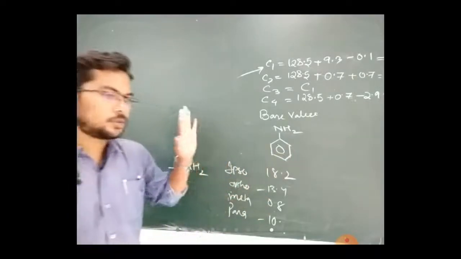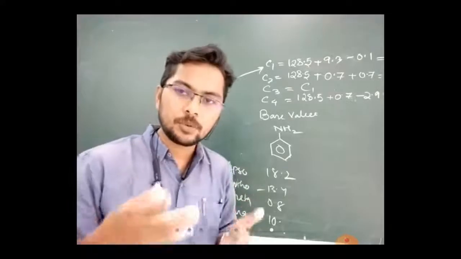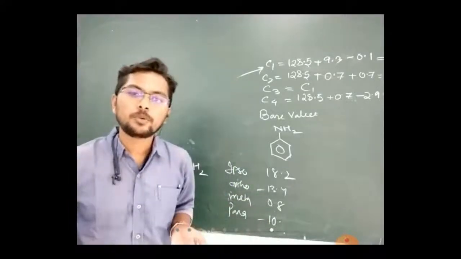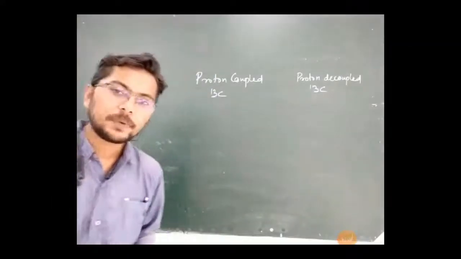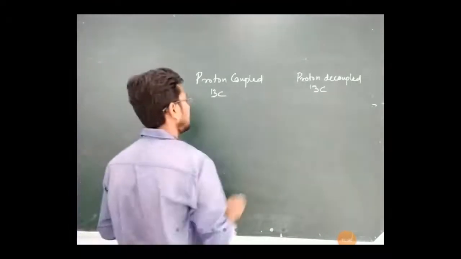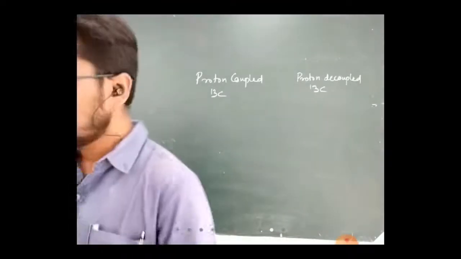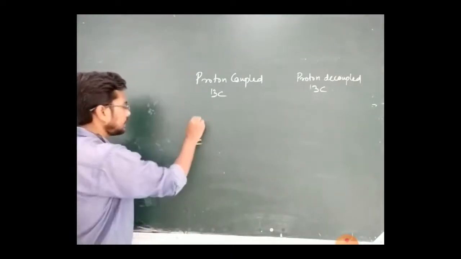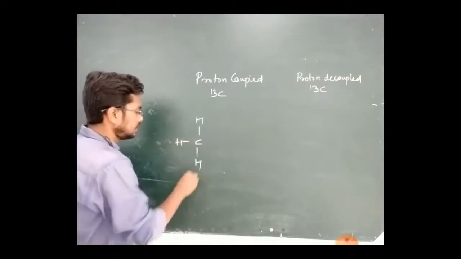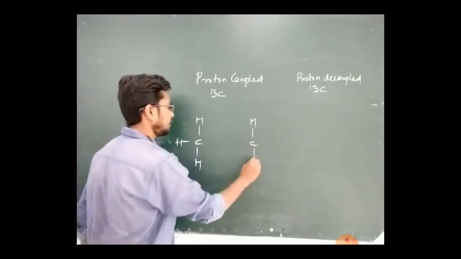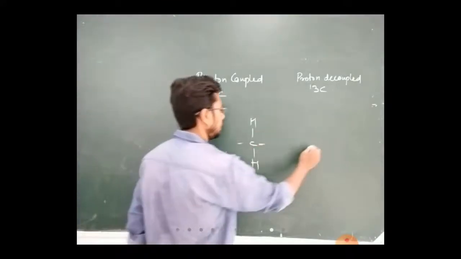Good thing is the values will be provided to you, but you should know proton coupled and proton decoupled 13C. Now suppose we take this example: you have carbon with hydrogen, hydrogen, hydrogen here, and this is a methylene carbon.